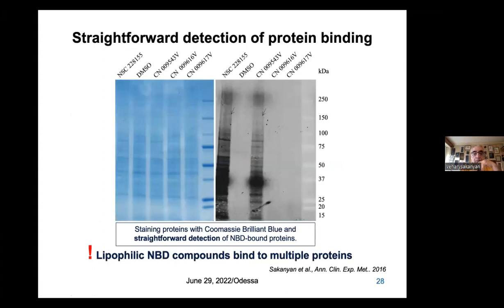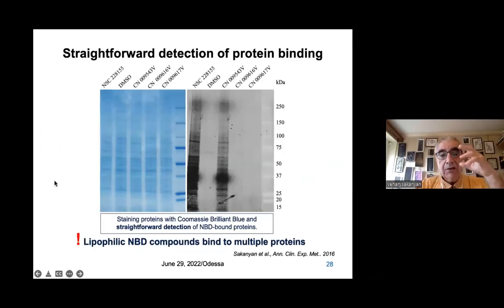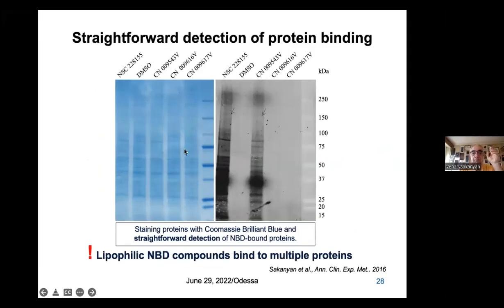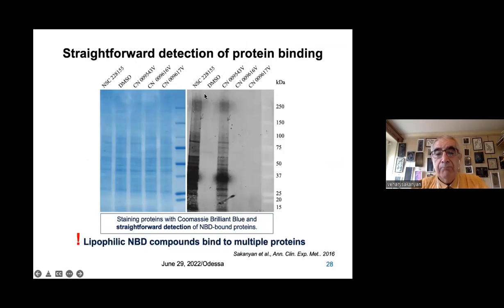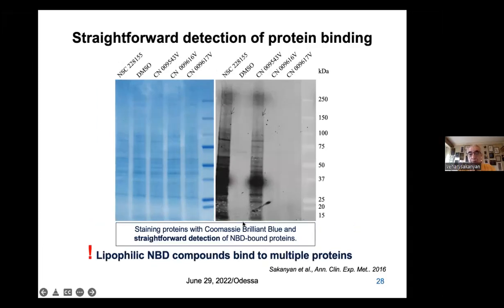Here, when we now use the action on the cells, we have a different kind of picture. This is electrophoresis of living cells, and we have no difference between the action of the compounds. However, we observe a great difference when we make fluorescence of the proteins which theoretically could bind to the MBD compounds. Only treatment with lipophilic MBD compounds allows the detection of the proteins.